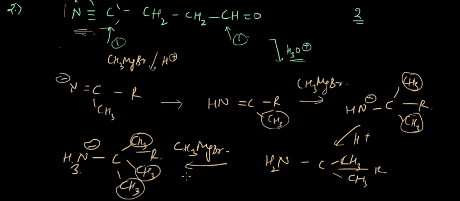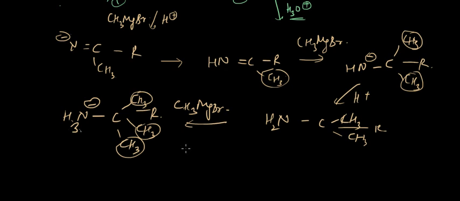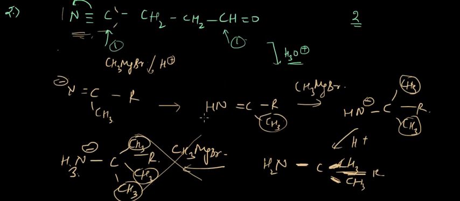Finally, after this, is there any possibility of attaching more NH3 here or CH3 here? No. Only 2 will be possible, because we have already fulfilled the 4 valencies of carbon here. No unfulfilled valency is left. So in this case 2 CH3MgBr can be attacking here, so the answer would not be 2, rather it would be 3.